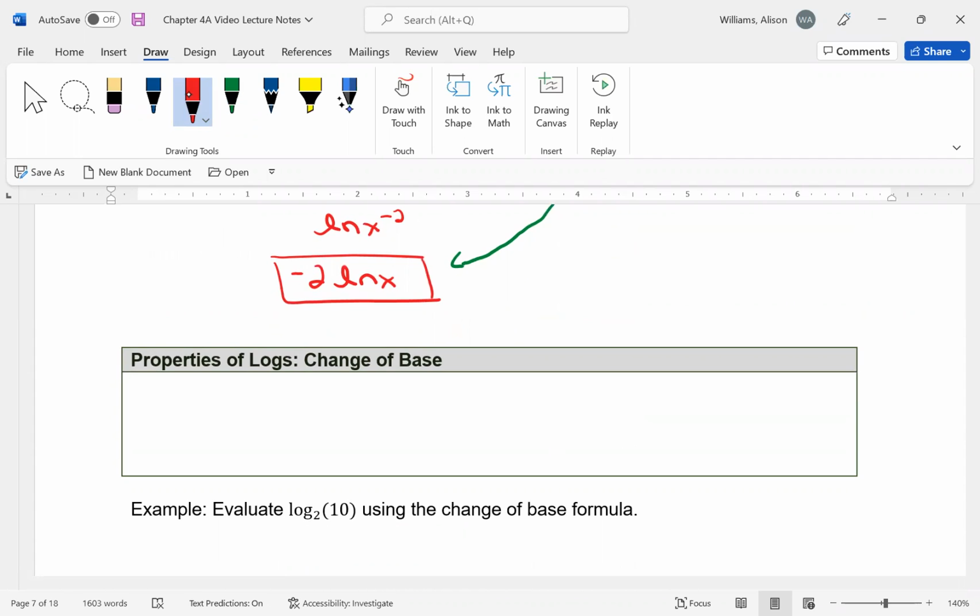This is going to be super helpful for us when we want to evaluate something that isn't the natural log or the common log. In other words, we want to put it in our calculator, but it's not the natural log or the common log, which is what's on the calculator.